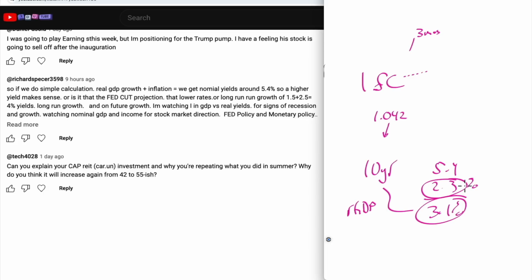I'm watching GDP versus real yields for signs of recession and growth. I'm not sure what you're saying here. Okay, I'm lost.